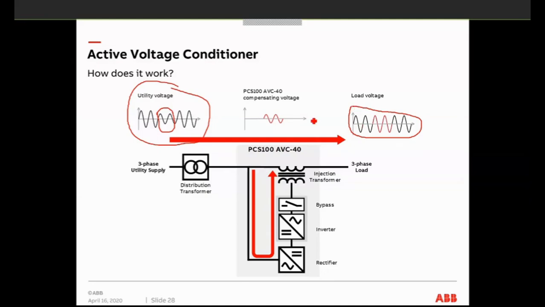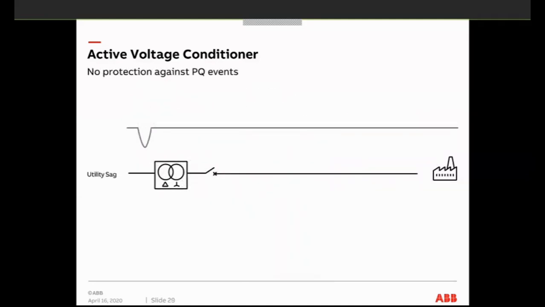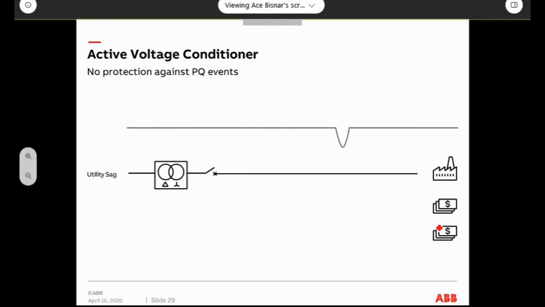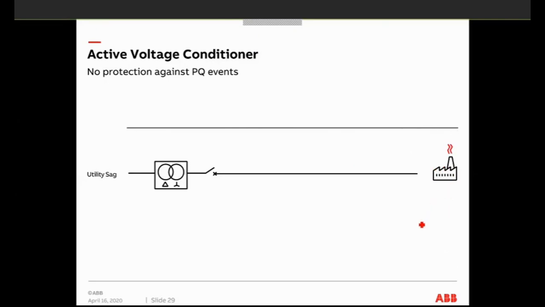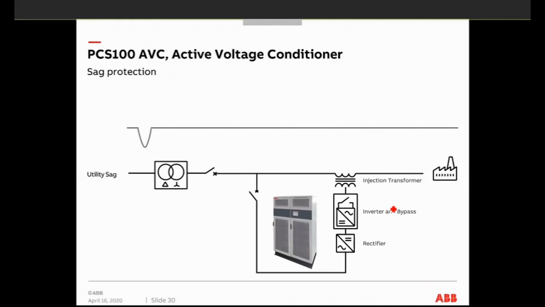All right, so to give you a representation, this is a factory with no power quality protection. You are running your factory, and then suddenly there's a voltage sag. All of those profits are lost. But with the PCS 100 product, the voltage sag is detected within 250 microseconds, and then it is corrected within half of a cycle, thus giving you premium power.